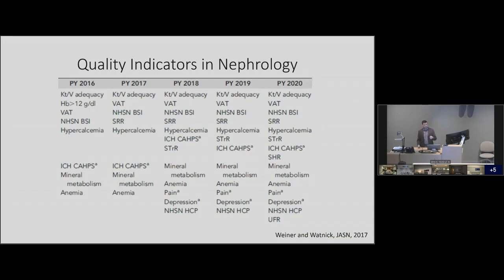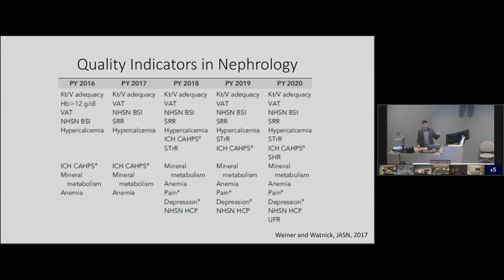STR is the transfusion rate. There's the ICH CAHPS, a patient experience survey. SHR is a hospitalization rate, and then the other is mineral metabolism, anemia, pain, depression. I don't have to remember what the alphabet soup is. And the HCP is influenza rate of healthcare workers, and then UFR is the controversial ultrafiltration target, which I'll talk a bit about in the next slide.